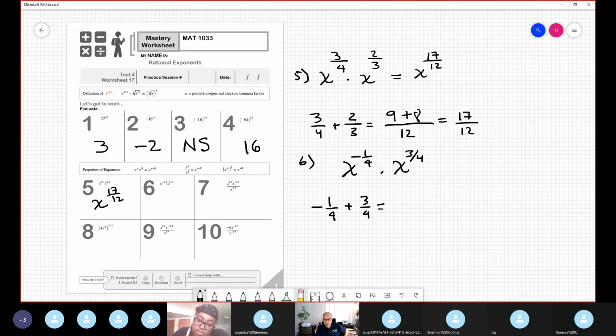In this case, the same denominator. Nice, I love that. It's negative 1 plus 3, which is 2 over 4. And 2 over 4, in lowest terms, is 1/2. And the answer is then x raised to the 1/2. Everyone follow me? Easy, eh?